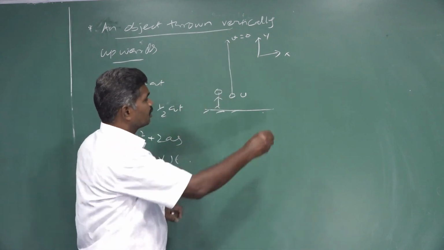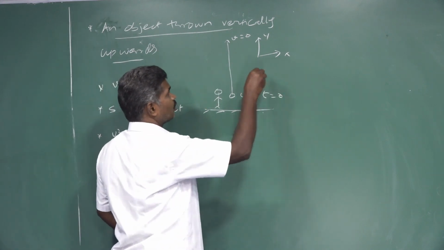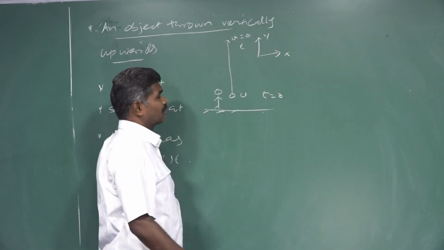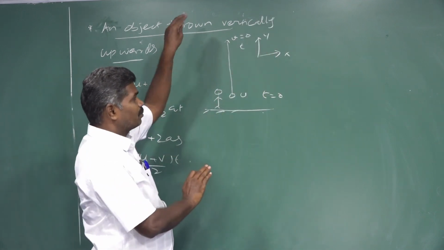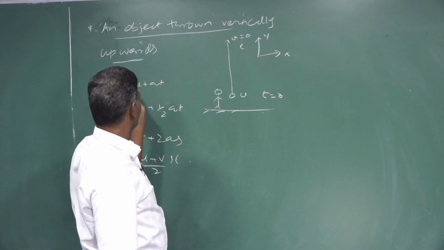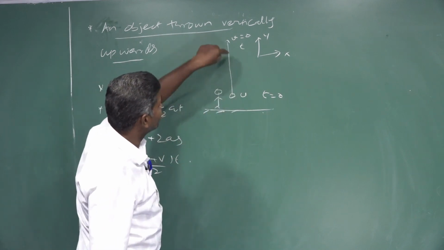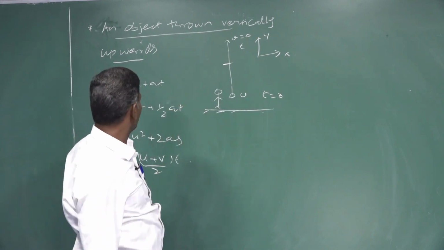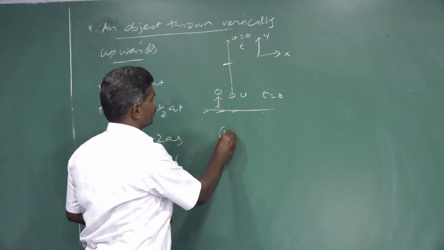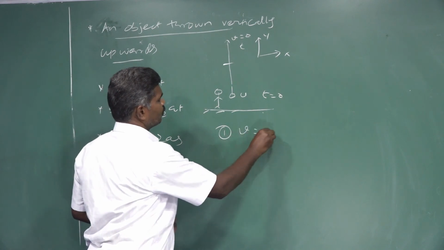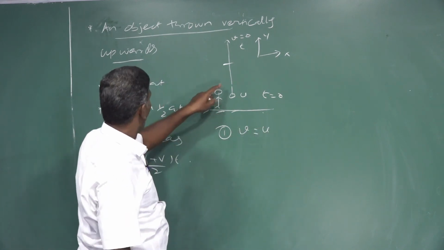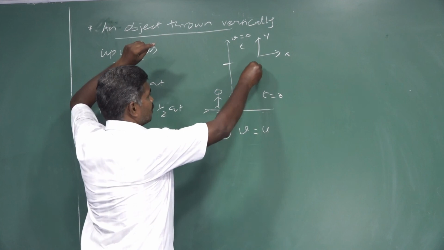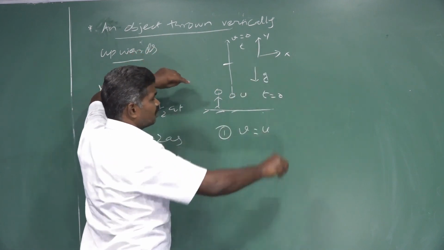The initial time t is equal to 0, which can be taken as small t, or sometimes as capital T. If you substitute at some point in between during this movement, we have a certain final velocity. The first equation can be taken as v is equal to u, and gravity acts opposite to the motion. Gravity is acting in the downward direction.